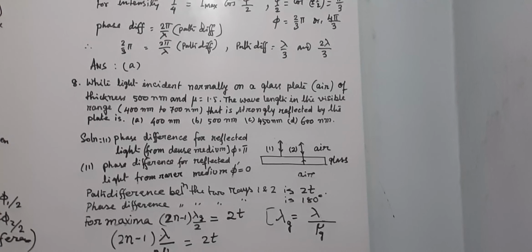Now here n equal to 1 means the first bright, that will be 3000 nanometer. If we go for n equal to 2, that will be the second bright, it will be 1000 nanometer. If it is n equal to 3, then it will be 600 nanometer. In the choices, 600 nanometer is available. So choice D will be the correct answer.